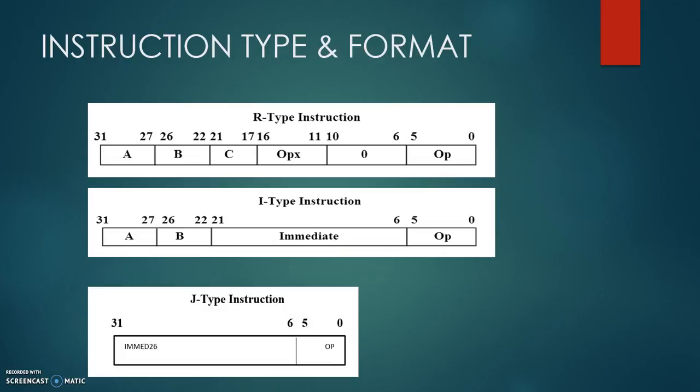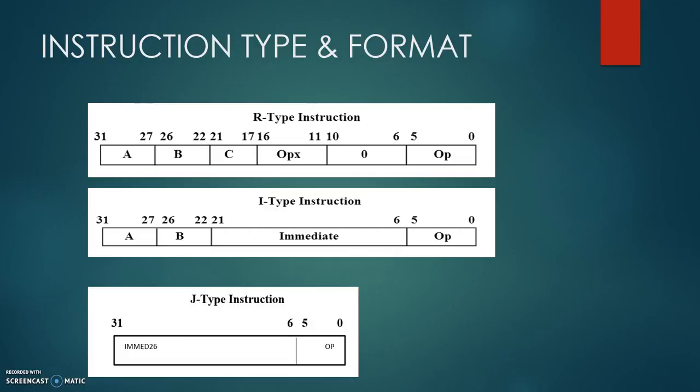Now, in the R-type instruction, both the operands are taken from the internal register itself. These instructions can imply moving data between registers and arithmetic and logical operations as well. The I-type instruction is also called the immediate type instruction. The immediate field is used to provide the immediate offset, which can be an offset for memory location or an input for ALU operation.